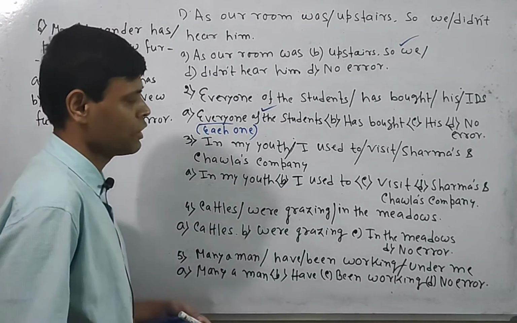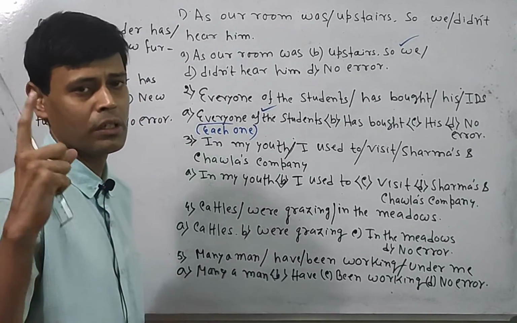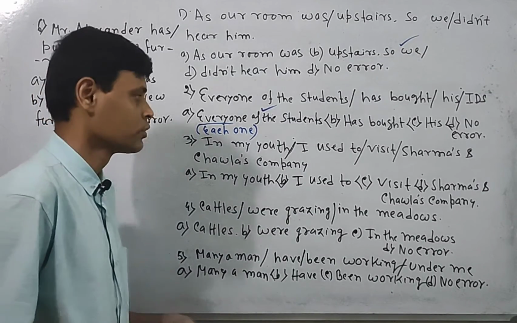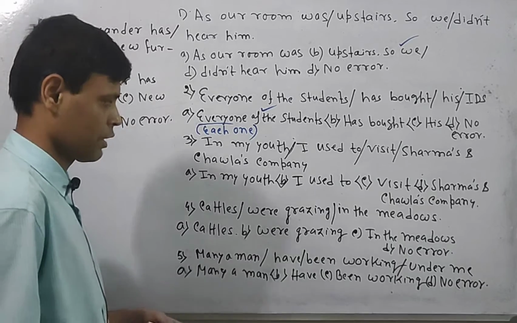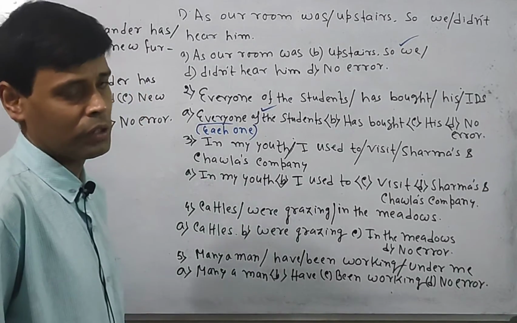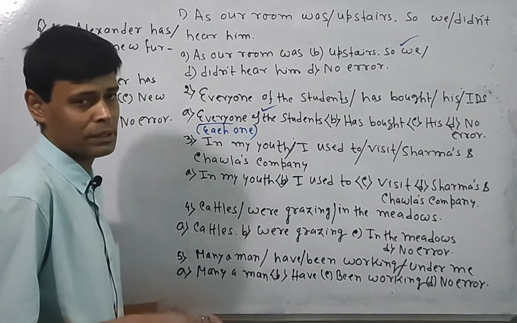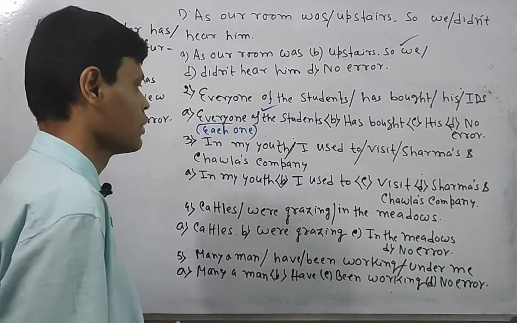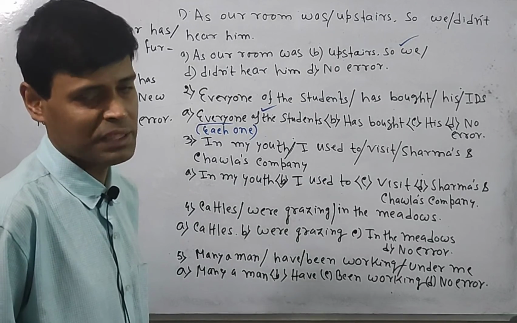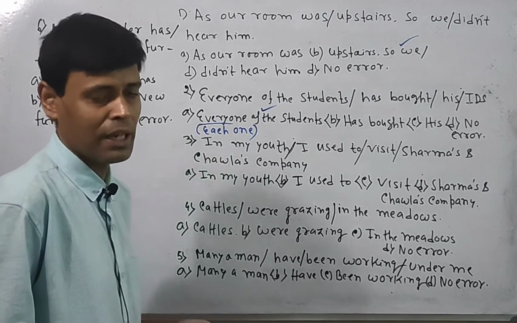So it should be like Sharma and Chawla's company, because we mean the single company. We are not going to mean two companies parallelly. So whenever you write a sentence in this way, meaning only one company or organization or something like that, the second part must be put in the genitive case, not both the first part and the second part.